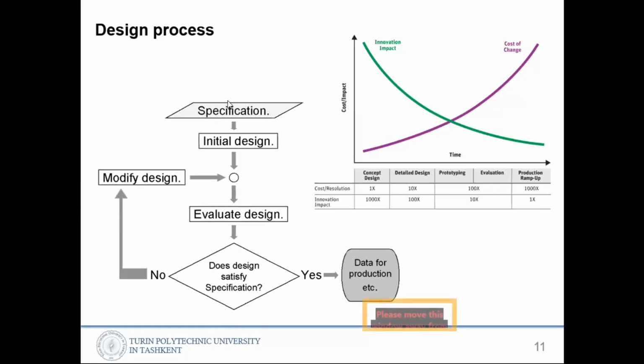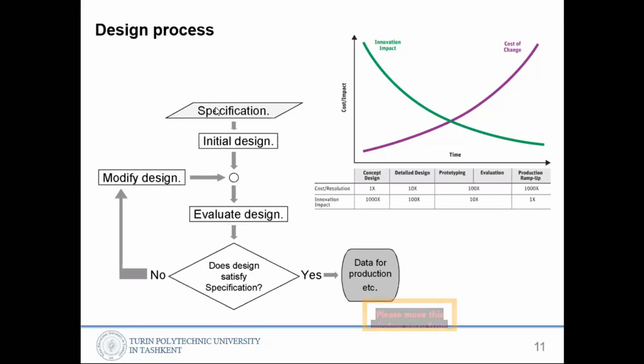If you use another specification, like this car is for everyday use, for family use, then the car will be some kind of family type. If you say we need the price to be less than $5,000, then your car will be a kind of small economy type.